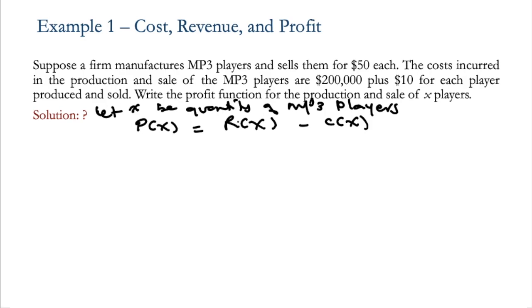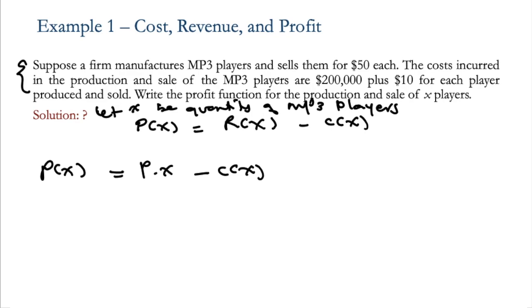So this is your generic function, and we know that the profit function is equivalent to revenue, which is price times quantity, minus cost. So how do we come up with the profit function? Let's go back to the question. We need to extract some information from the question.